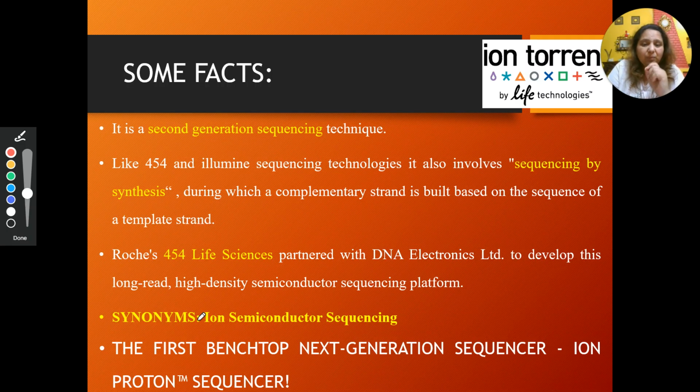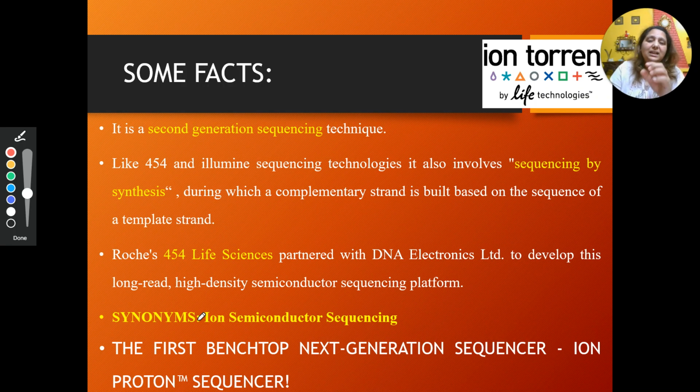One of the best advantages was that it was the first of its kind NGS sequencer which could be put on a benchtop inside the laboratories. So a first benchtop next generation sequencer.